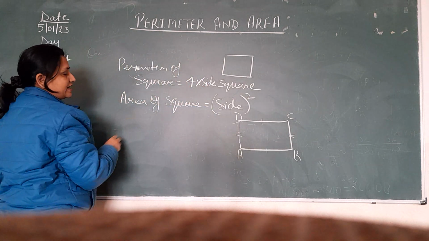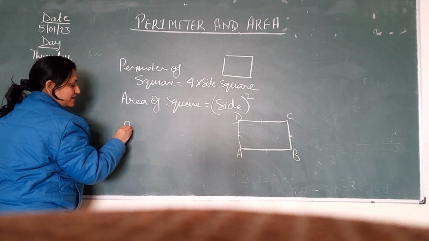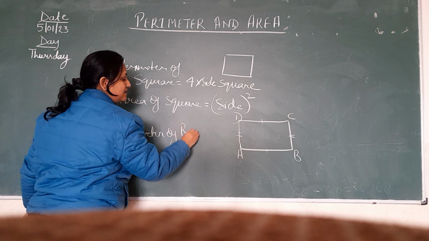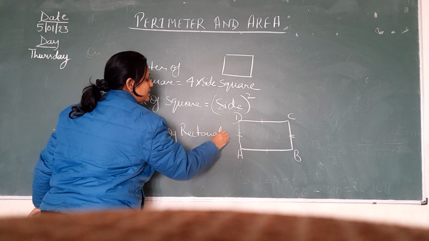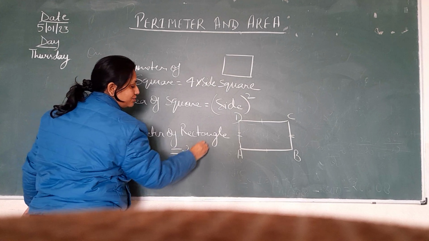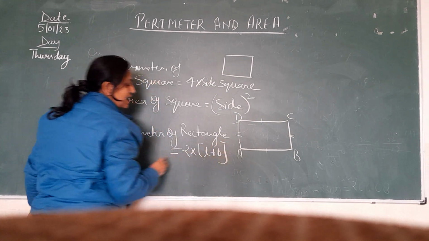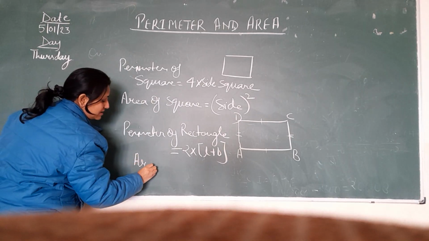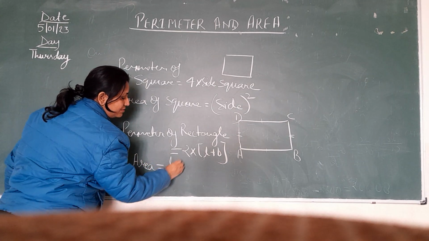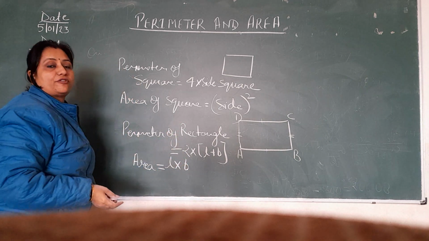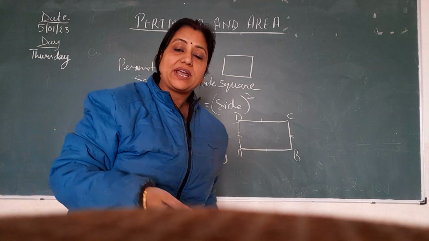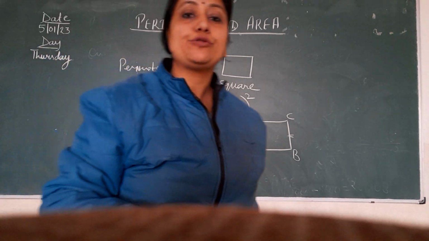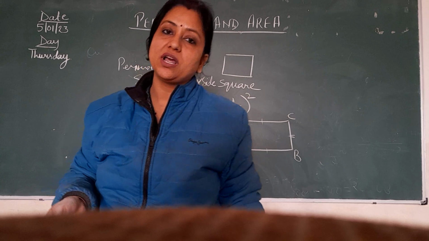The perimeter of a rectangle, we'll use the formula 2 into (L plus B). And the area of a rectangle, your formula will be L into B. So these are the basic formulas to find the area and perimeter of a square and rectangle, which we are going to use in this exercise 13.1.